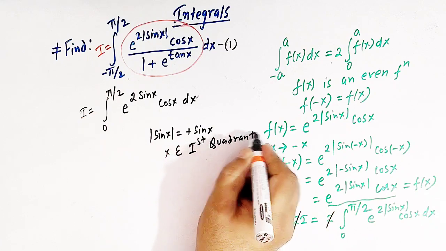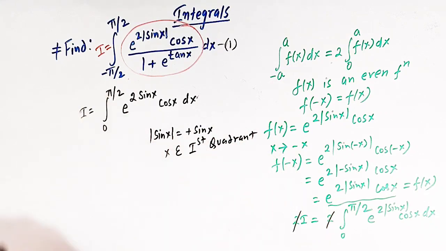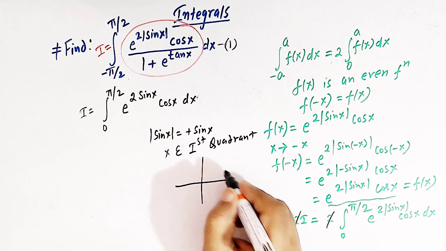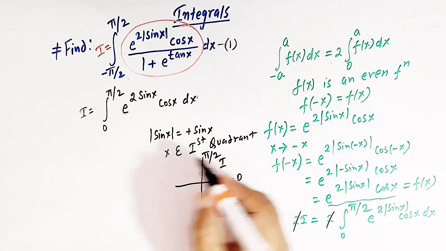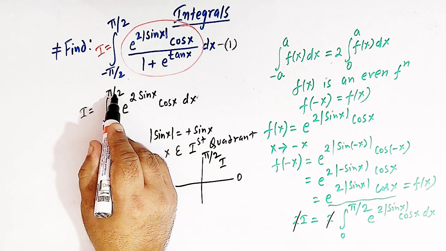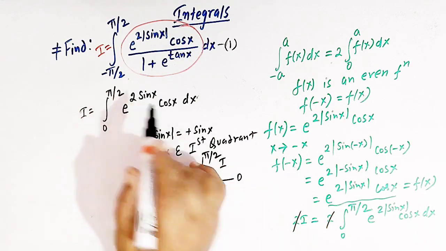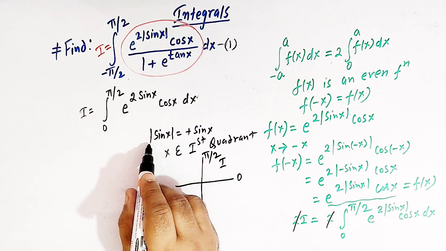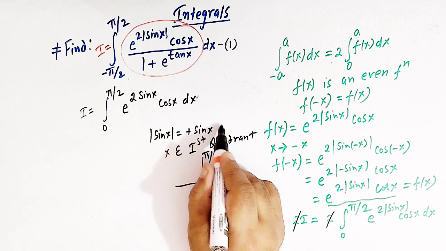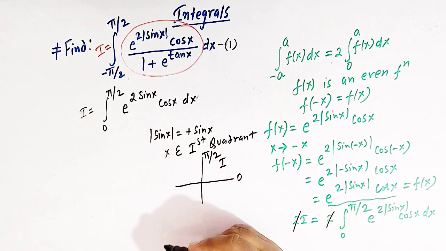Because here the limits of integration are from 0 to pi by 2, and we are in the first quadrant. This is 0, this is pi by 2. So when we go from 0 to pi by 2, then the sine function is positive in the first quadrant. So mod of sine x can be written as positive sine x by the definition of mod function, right?